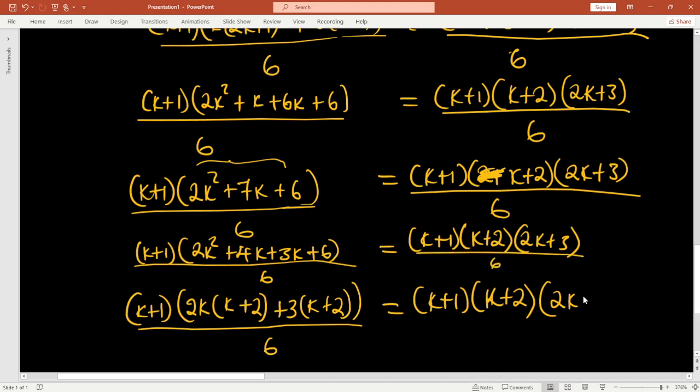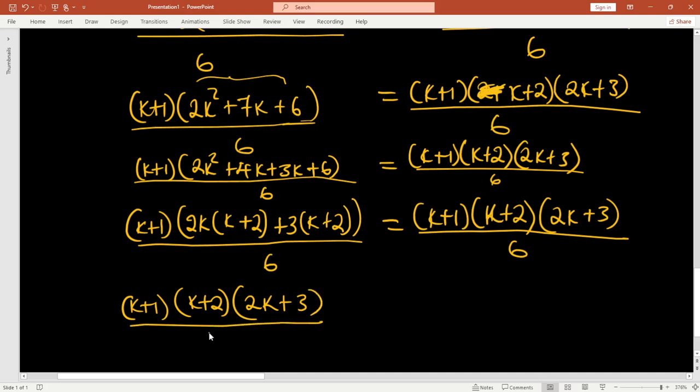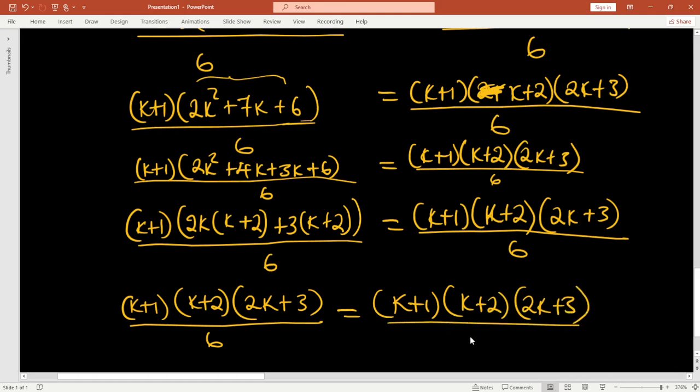Now if we factorize what we have there, we have k plus 1, then k plus 2, then 2k plus 3, divided by 6, is equal to k plus 1, k plus 2, and 2k plus 3, divided by 6.